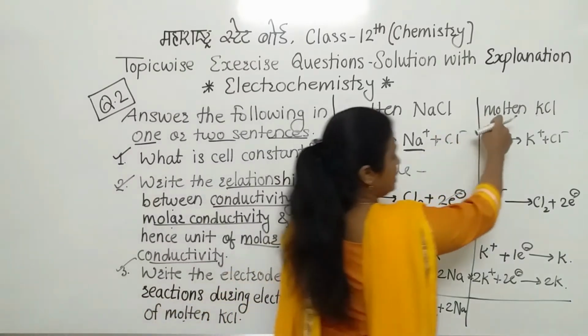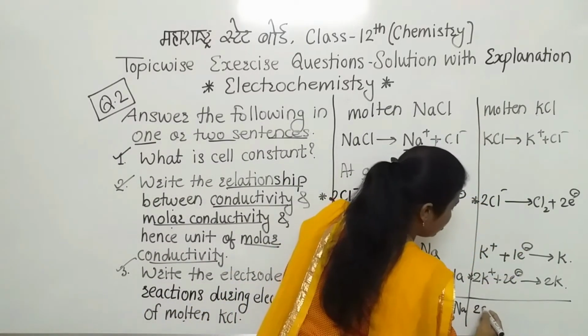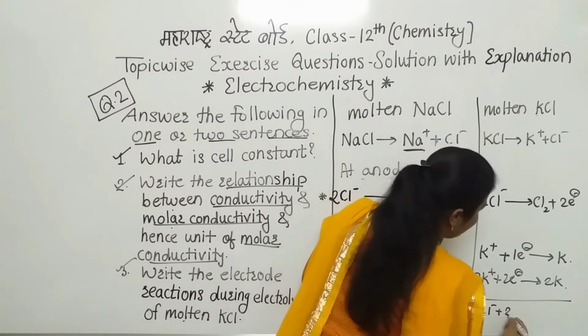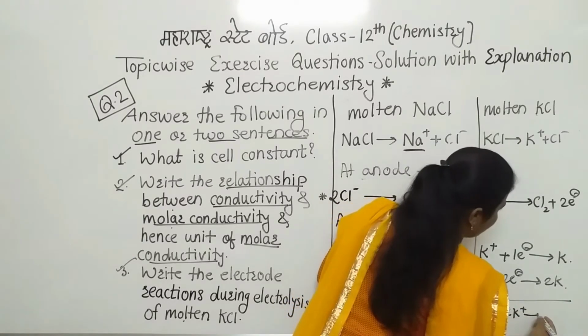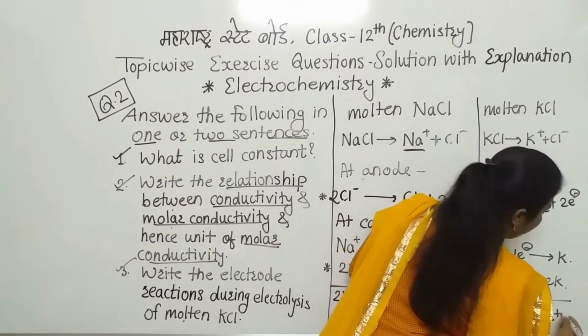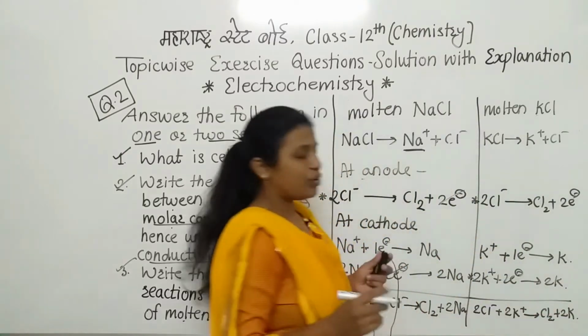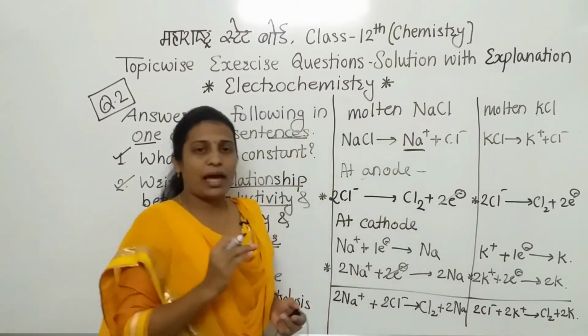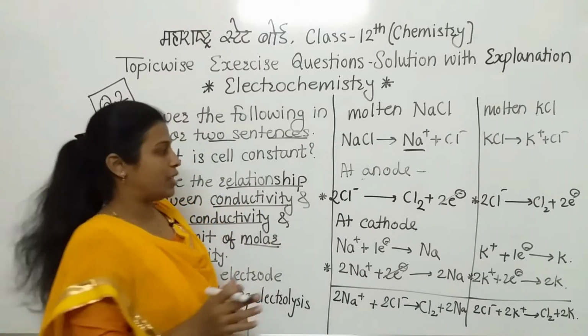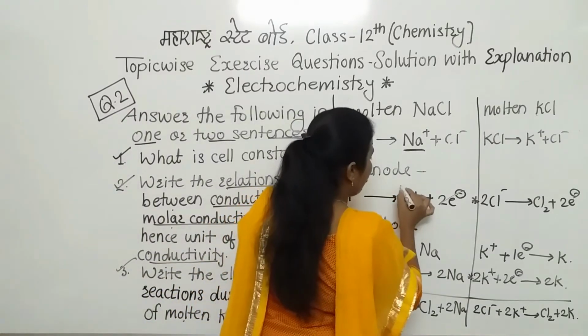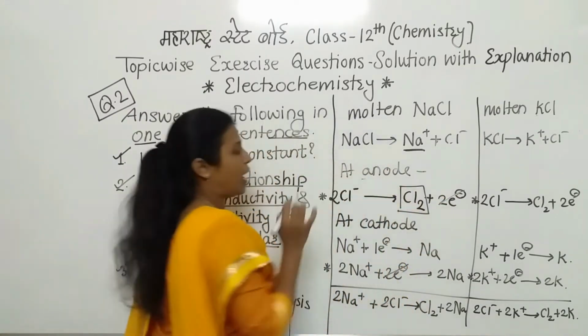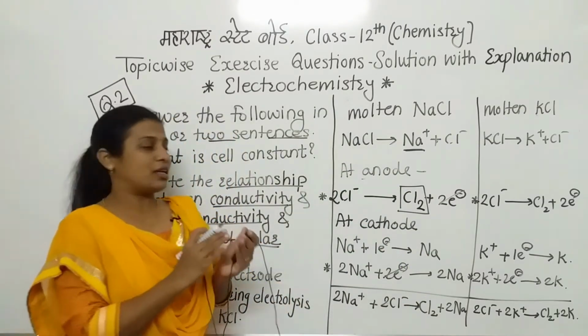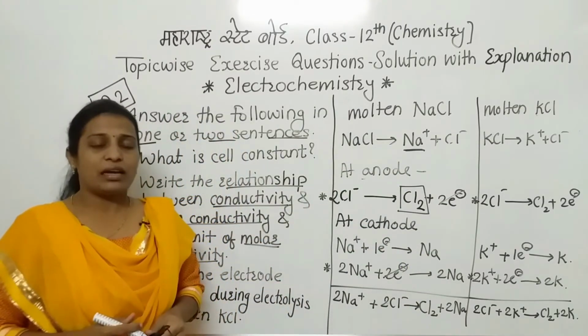What about KCl? Here also 2Cl minus plus 2K plus gives Cl2 plus 2K. Here we can say one point: in the electrolysis of molten NaCl and molten KCl, there is a liberation of chlorine gas at the anode, and that chlorine gas is of pale green color.